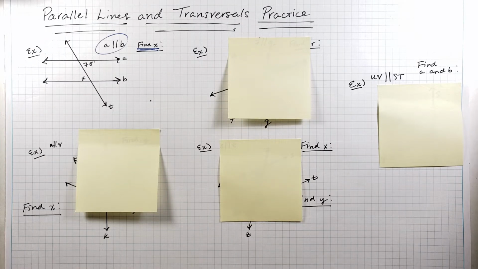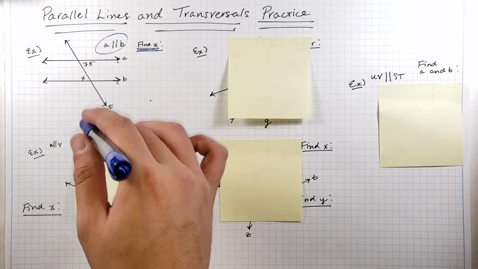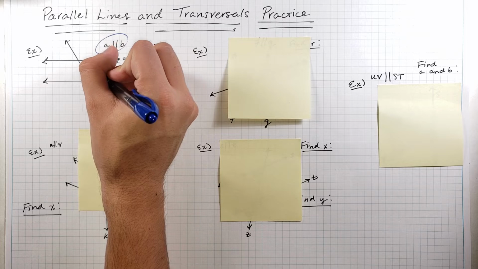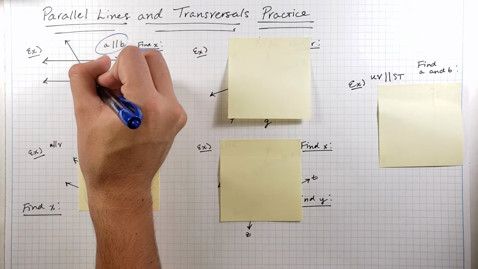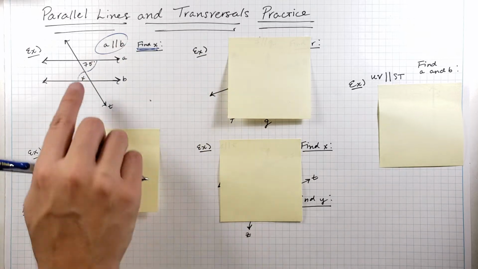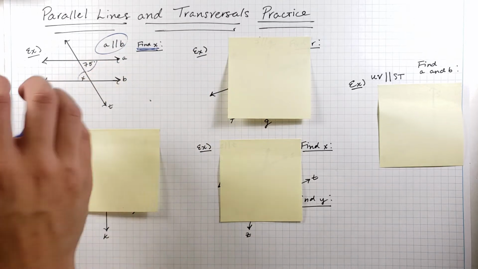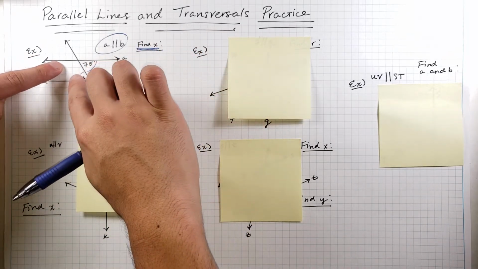Well, if you look close enough, and we'll get better with this as we go along, you can kind of see that this angle right here and this angle right here are on the interior of the parallel lines. They're on the inside of these parallel lines, and they're alternate, right?